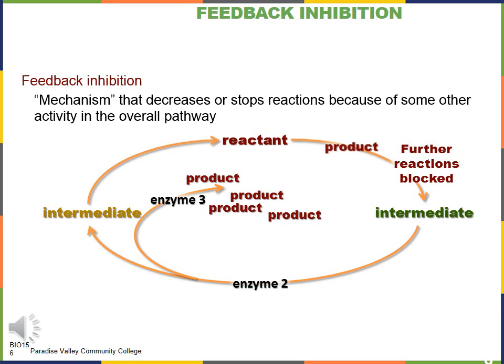And if you take the inner circle, you'll hit enzyme 3, and your end product is going to be all these different types of products. They might be the same product, but there's going to be a bunch of them, is what I meant to say. Or from enzyme 2, the product that's formed could actually become another intermediate and go back to being the substrate, or as it says here, reactant.